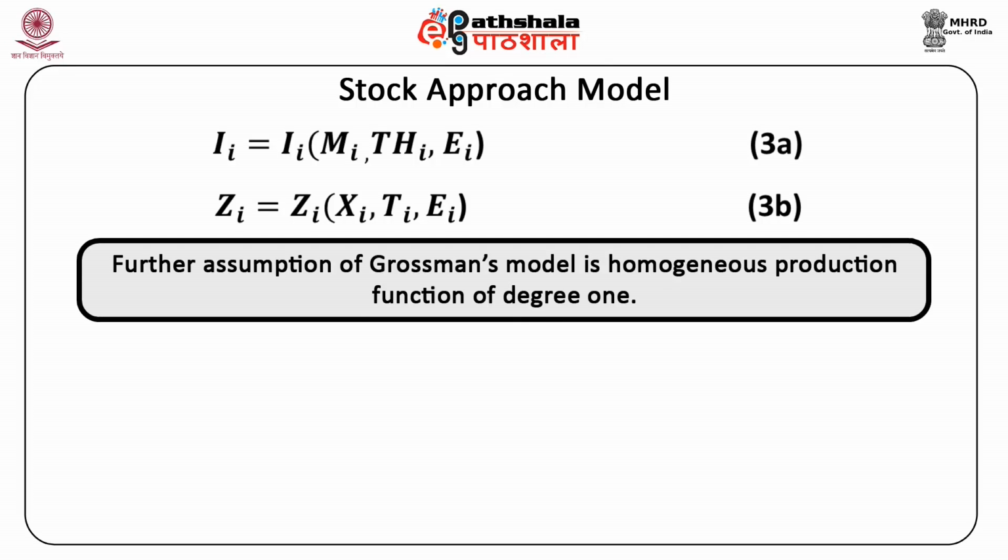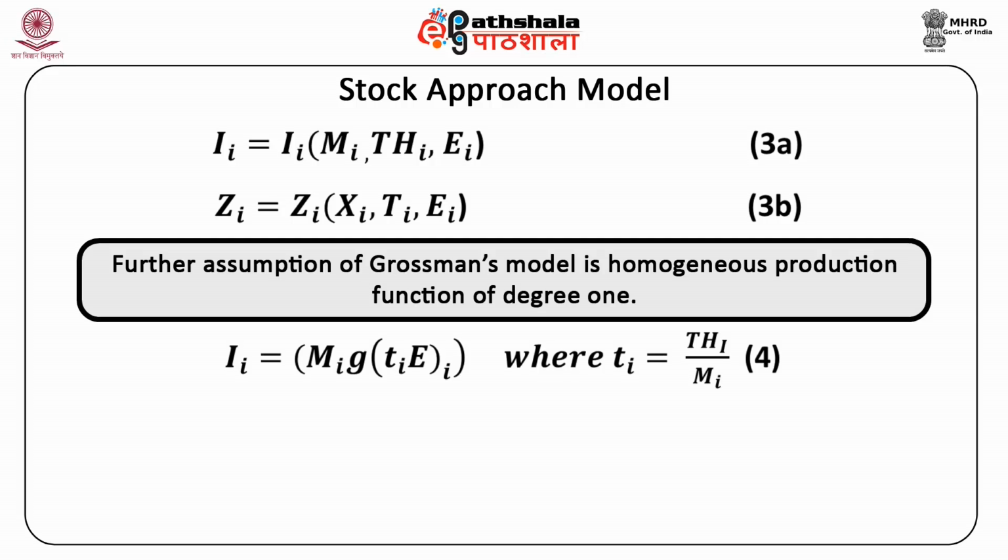Further, an assumption of Grossman's model is a homogeneous production function of degree 1. Ii = Mi g(ti, Ei), where ti = THi/Mi, equation 4.